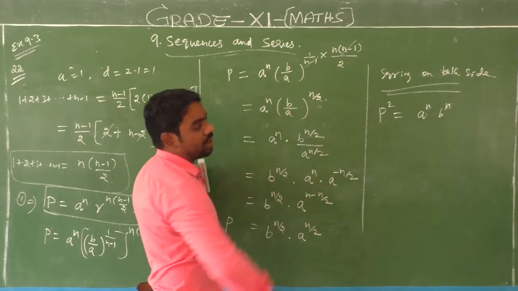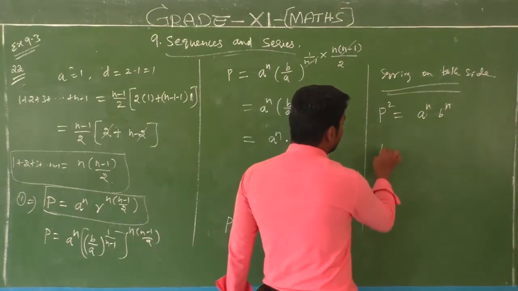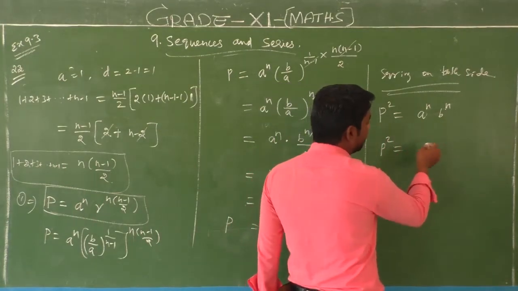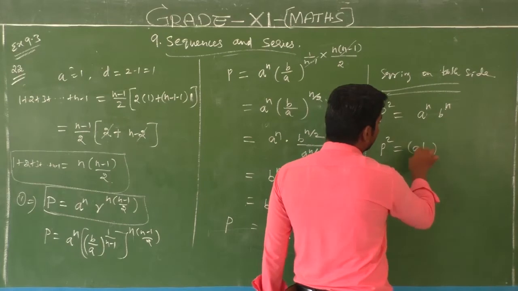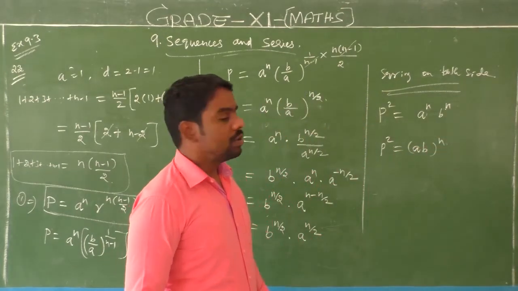That is, P square is equal to A power n into B power n, which is written as (AB) whole power n.